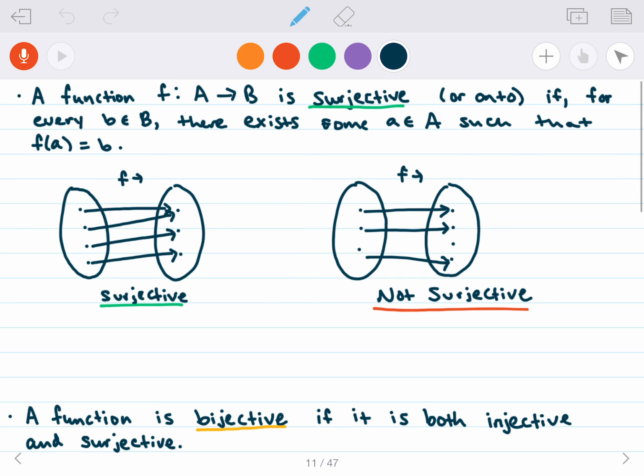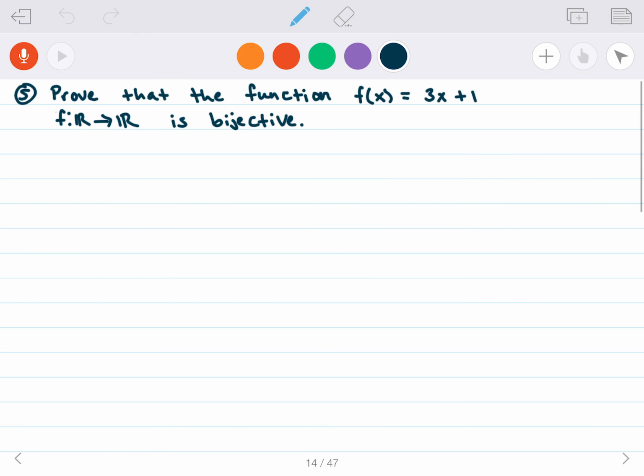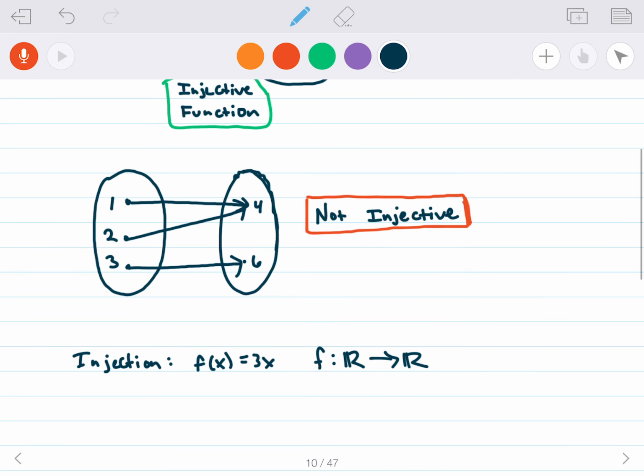Yeah, we're going to prove injective and surjective, but this linear function is one-to-one. Another way you can think of it is that it passes what they call the horizontal line test. So no different inputs go to the same output.